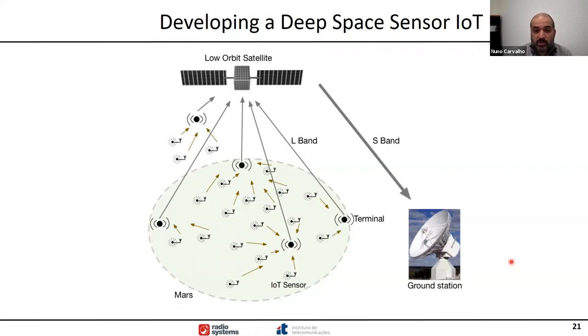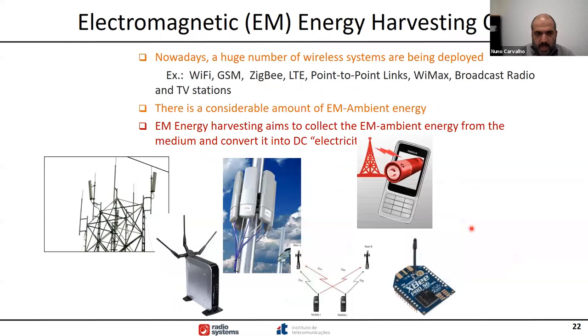So remove the batteries and create batteryless sensors that go around and can communicate with a low orbit satellite that could be as close as 5 or 6 kilometers. This satellite will be responsible for powering all the IoT sensors on the ground and then sending information back to a ground station on Earth so that we can monitor all these solutions.